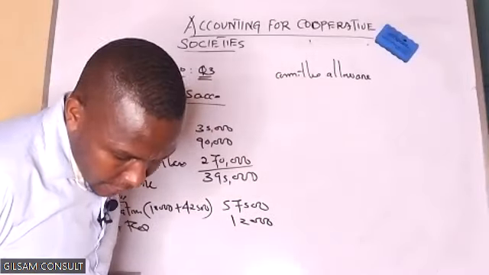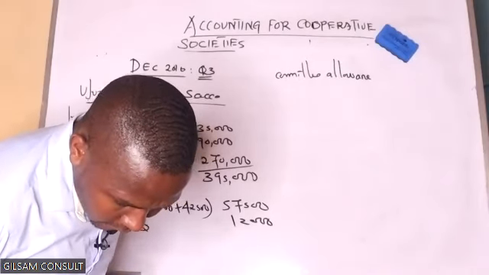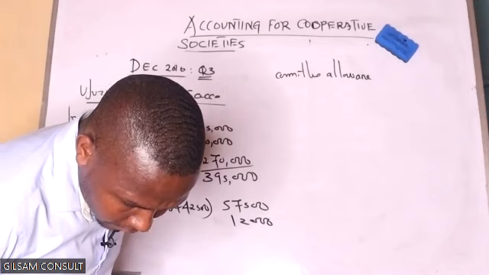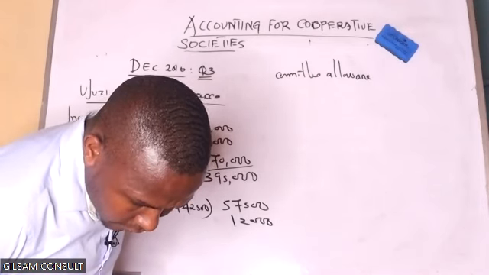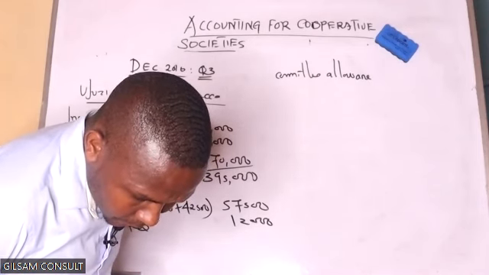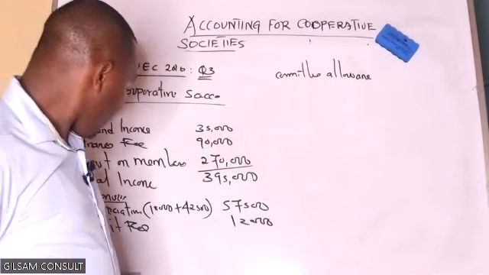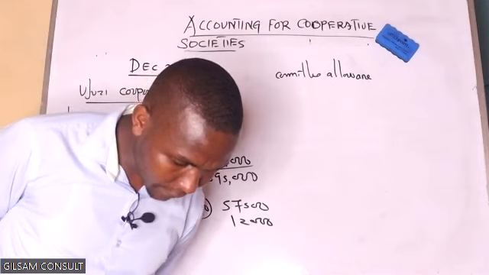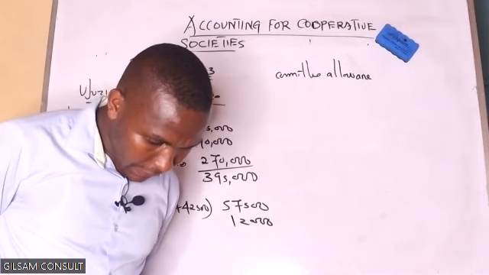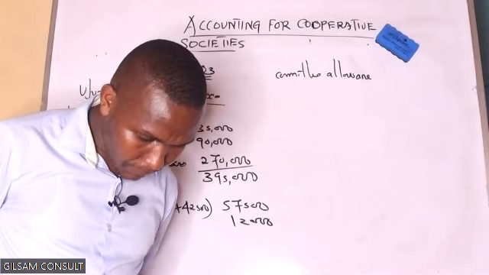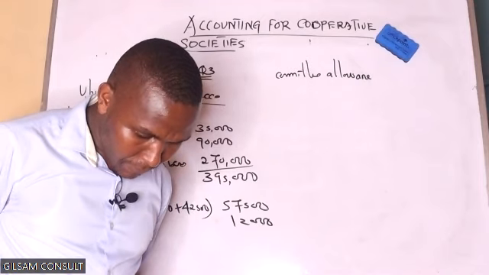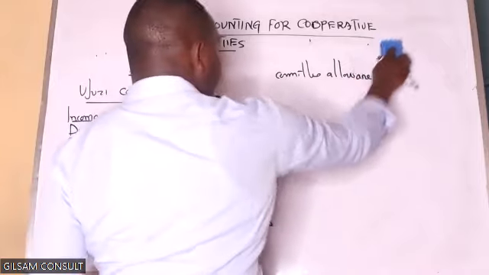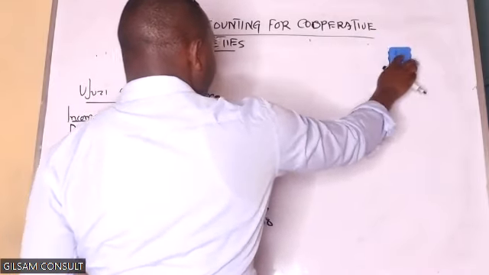Or let's finish with the additional information first. Depreciation, we have adjusted. Audit fee, we have adjusted. Number 3, allowance for doubtful debt is 5% to be made on outstanding receivables. So that is an expense. We can put that one.